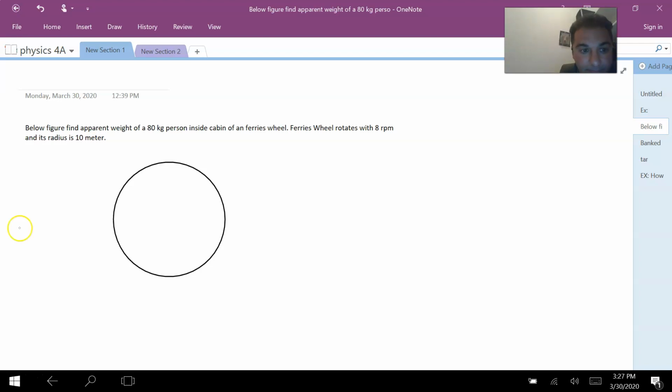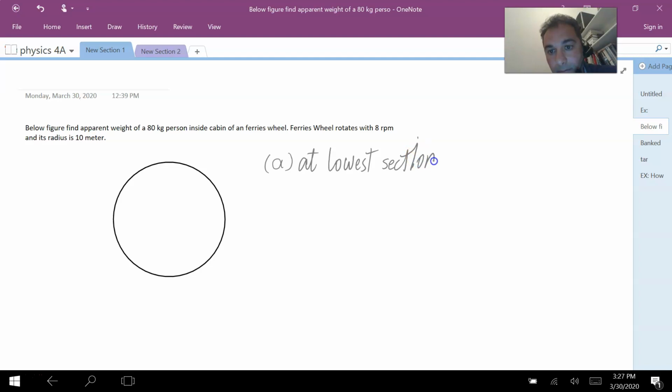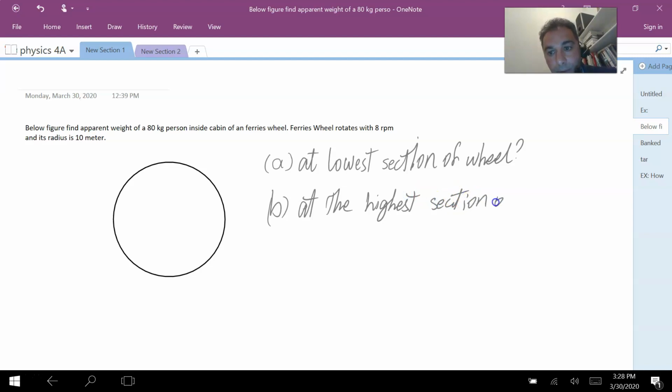Part A, it says at lowest section of wheel. Part B says what? At the highest section of wheel.